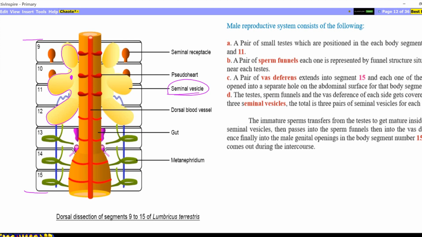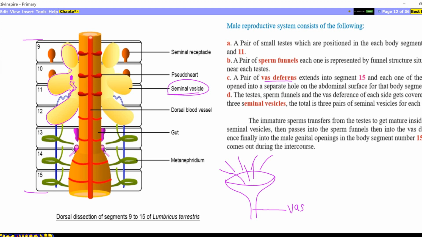A pair of sperm funnels, each one is represented by a funnel structure situated near the testis. The funnel has a wide mouth to receive the sperms and transport them to the vas deferens.